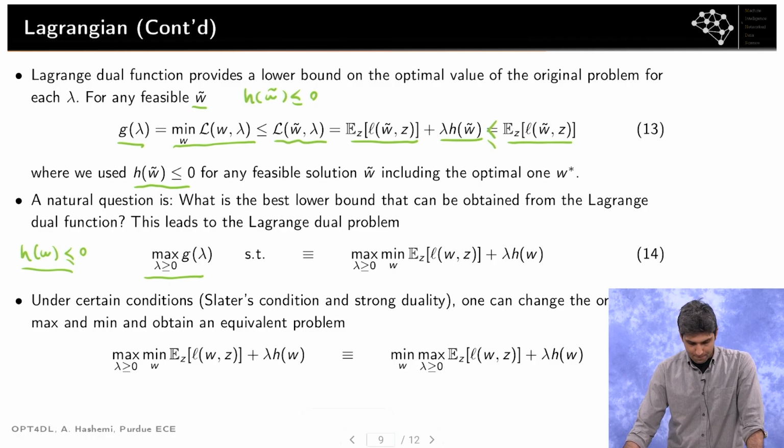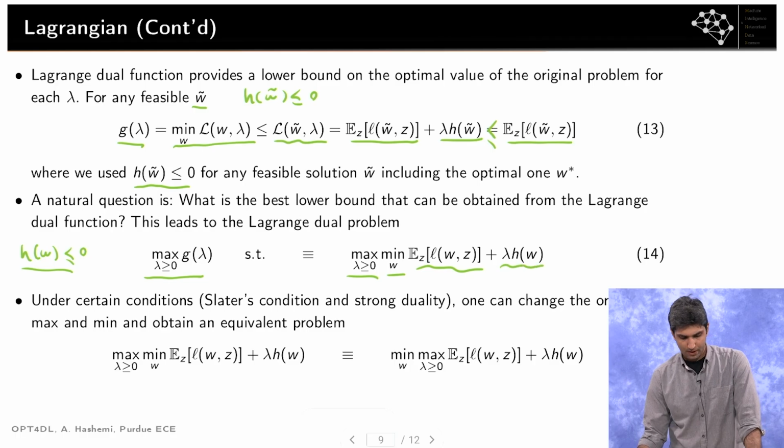Okay. All right. So what's the Lagrange dual problem? Therefore, we are maximizing with respect to lambda, and note that the dual function itself had a minimization with respect to w in its definition. So therefore, our overall Lagrange dual problem is as follows: maximize with respect to lambda, minimize with respect to w of basically the original loss plus lambda times the constraint. Okay.